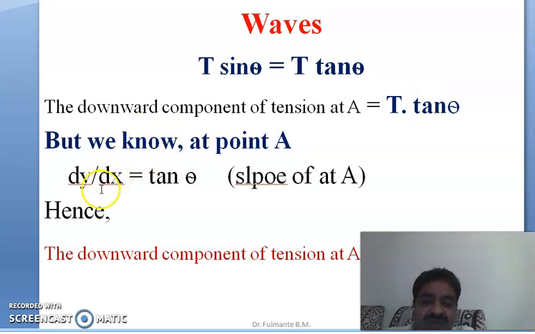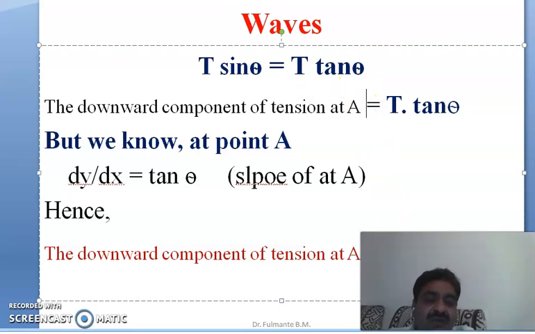It means the downward component of tension at A, T sin theta, is equal to T tan theta, which is equal to T into dy by dx.